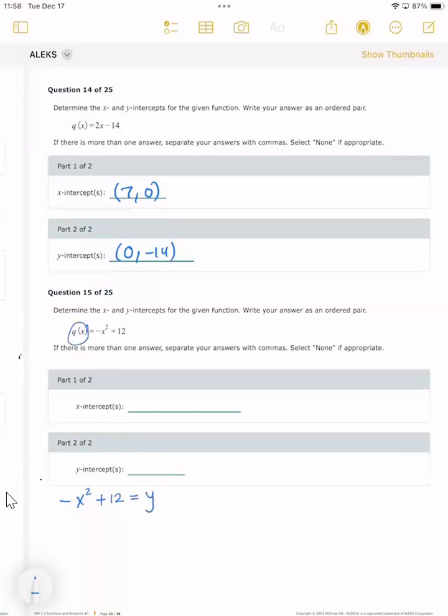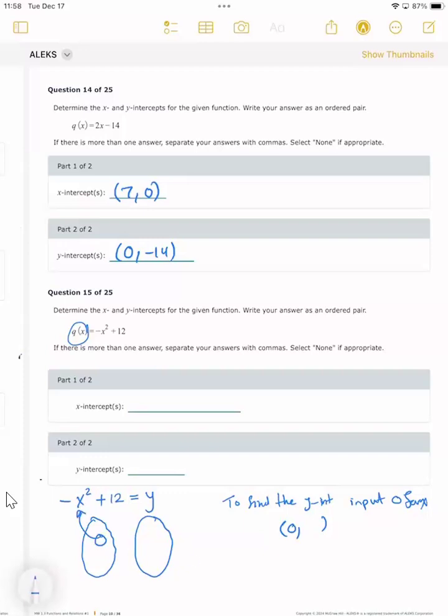I usually change this f(x) to y. So to find the y-intercept, we input 0 for x. So I put 0 here.